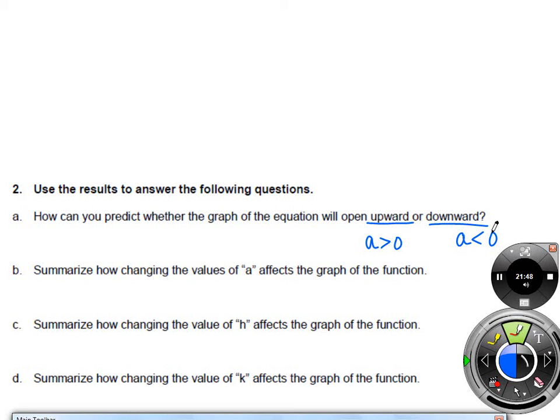So what else does a affect about the graph? Lauren already answered it for us. She said it affects the width of the v. Okay? And we'll see exactly how that happens. What did we say changing the h does to the graph?